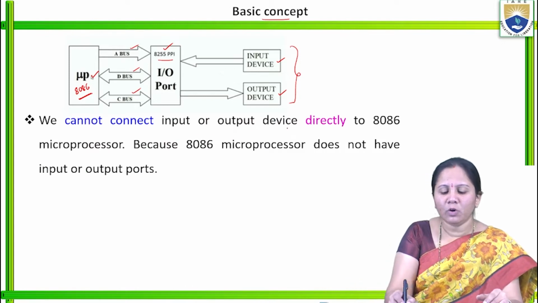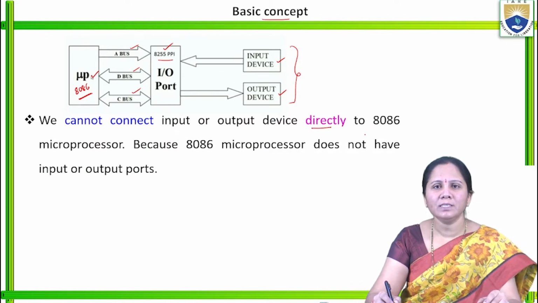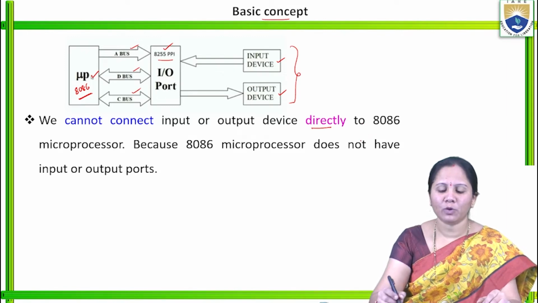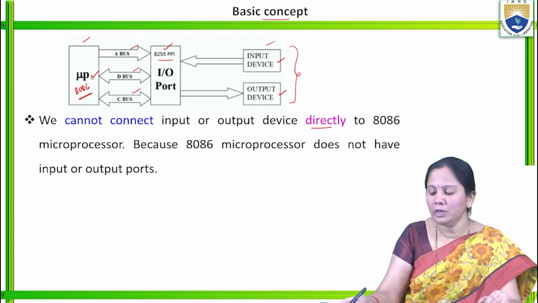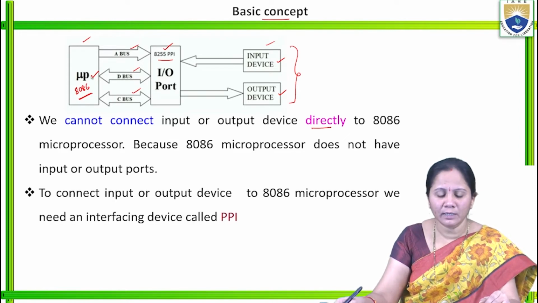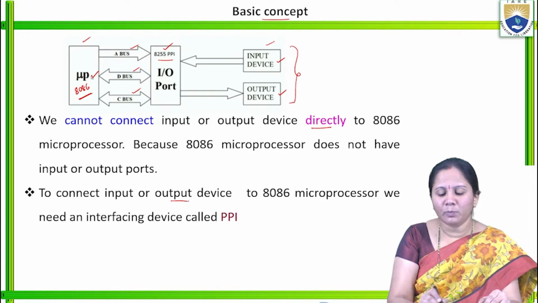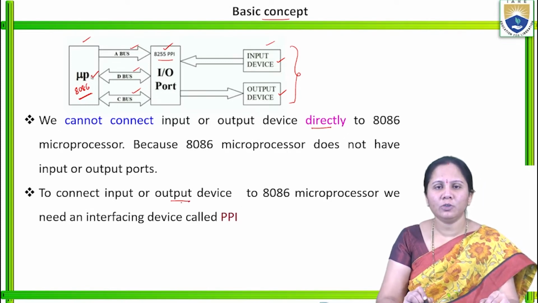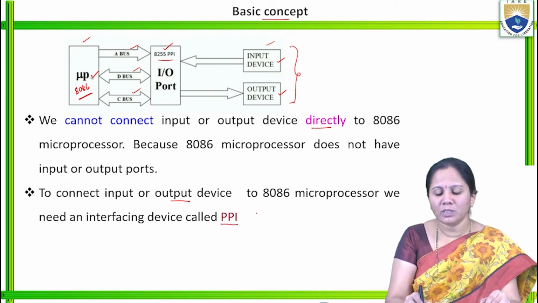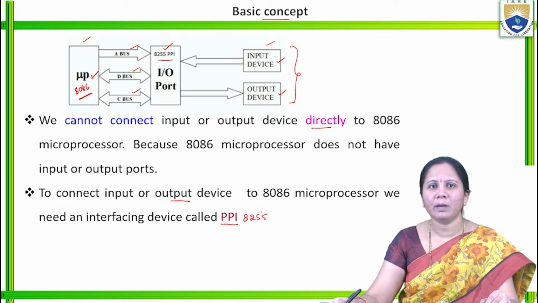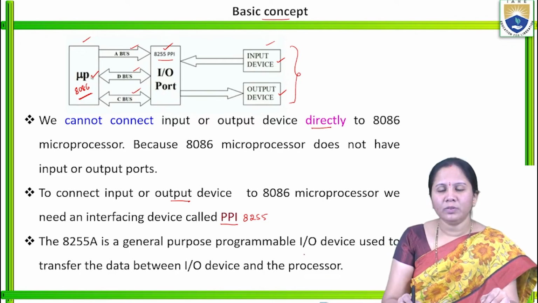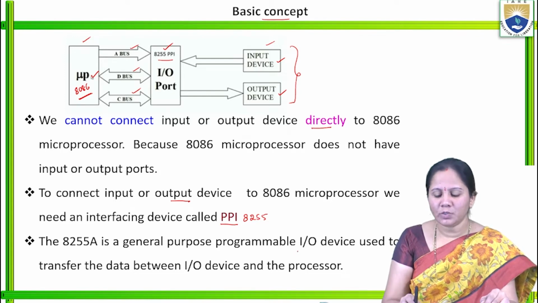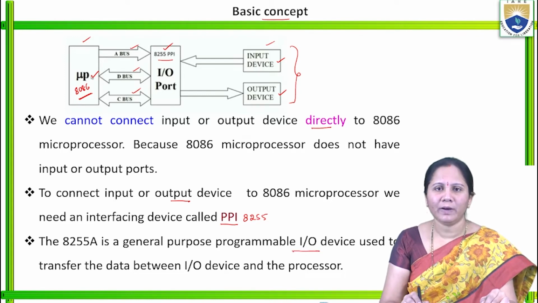Now, we cannot connect input or output devices directly to the 8086 microprocessor because it does not have input and output ports. Because of this reason, you have to connect those input or output devices to the 8086 microprocessor by using the IC 8255, which is called PPI, Programmable Peripheral Interface. This 8255 IC is a general purpose programmable I/O device.